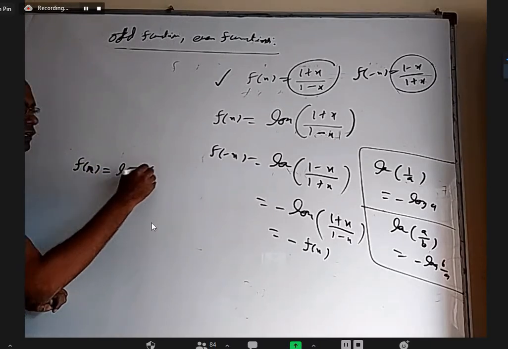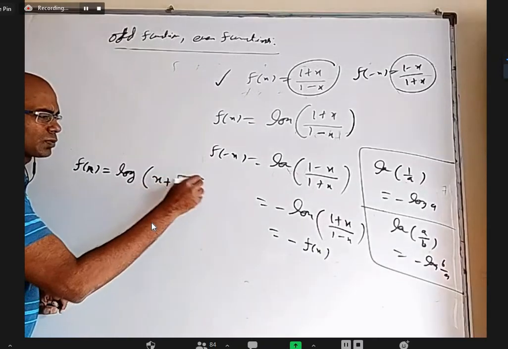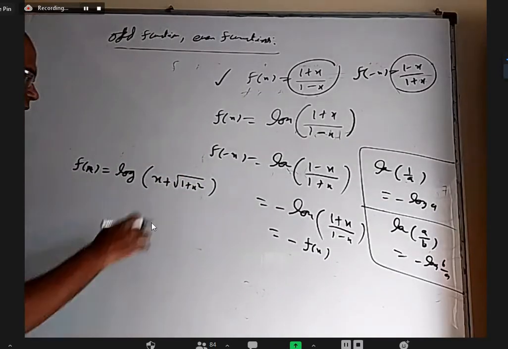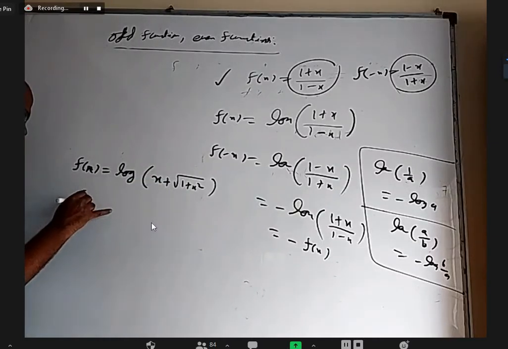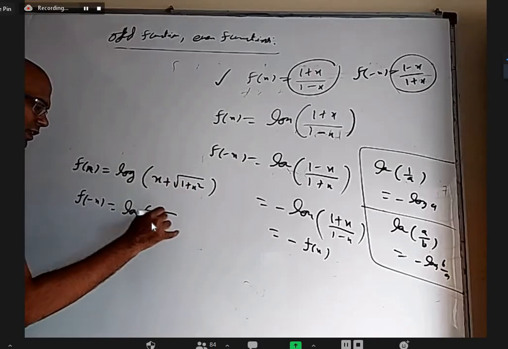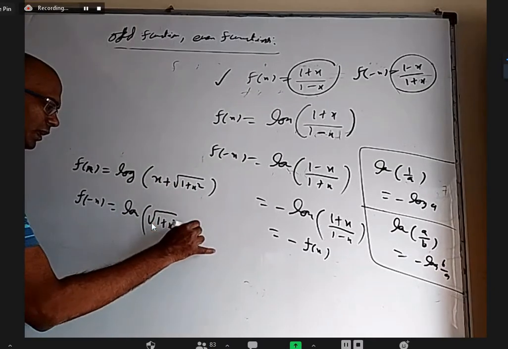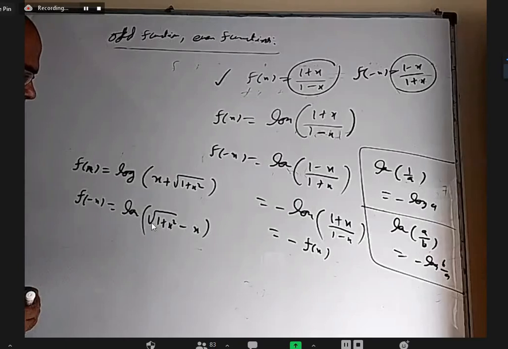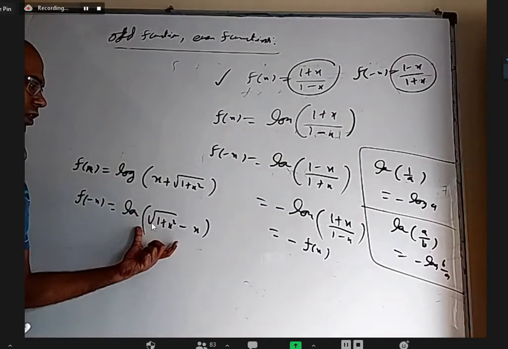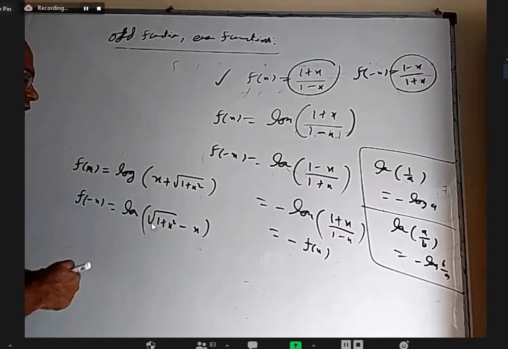nor odd. Let us take log of x plus root over 1 plus x square. This is my f of x. F of minus x will come log, wherever x is there, if I write minus x, root 1 plus x square minus x will come. One may say this is not equal to this, correct? This is also not the negative of this, but actually it is.